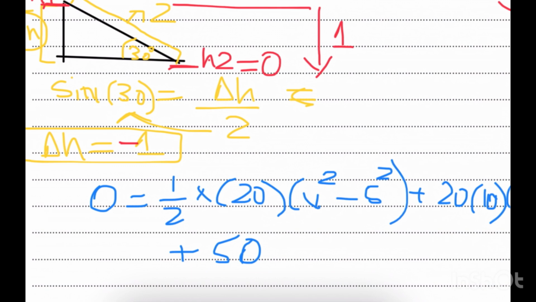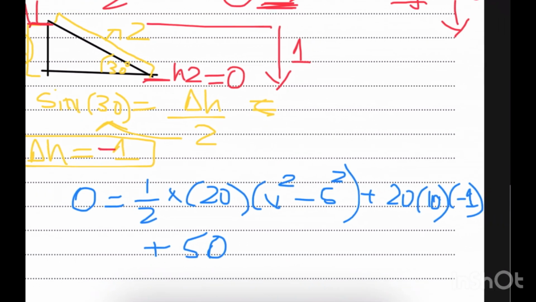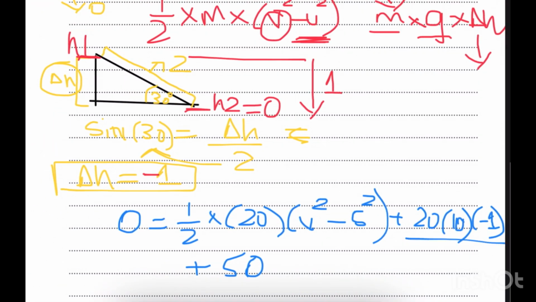So let's simplify this. This is 20 times 10 times -1, so this component is -200, and if we add the 50, that is -150.